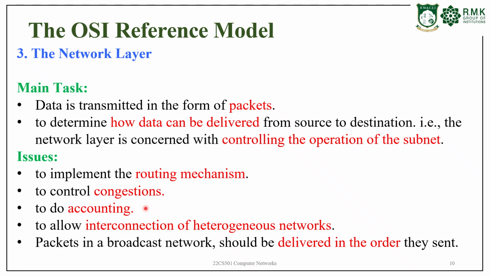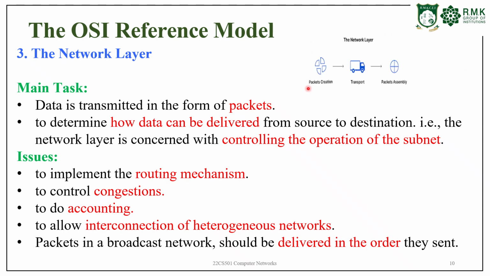Accounting here means keeping track of how much time a particular sender has transmitted data to a particular receiver. It is going to keep a log for each and every sender and receiver. Then, to allow interconnection of heterogeneous networks. The last one is that in whichever order the packets are sent, in the same order they need to be delivered or received.